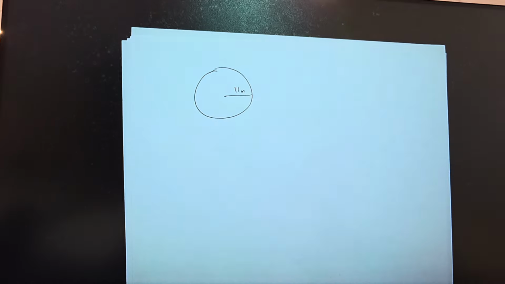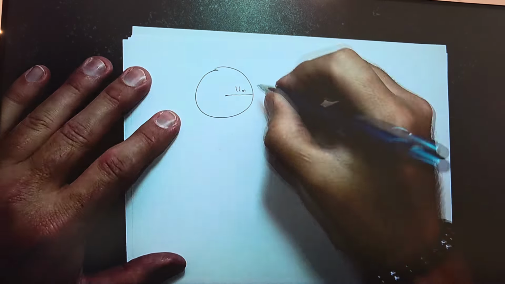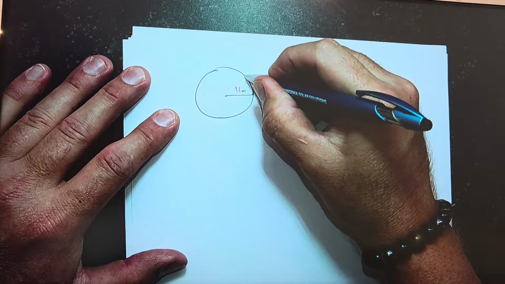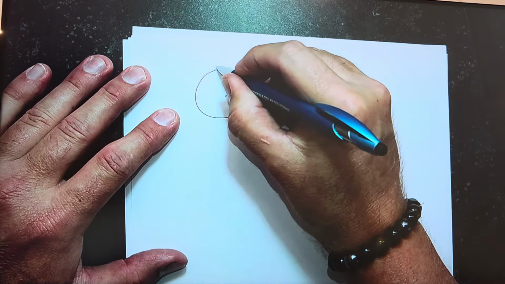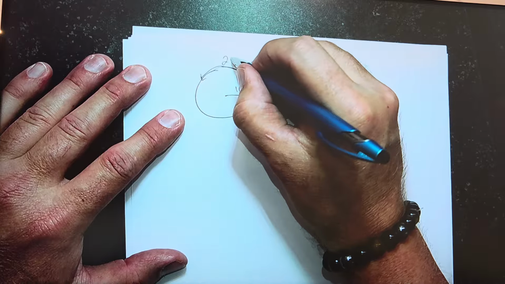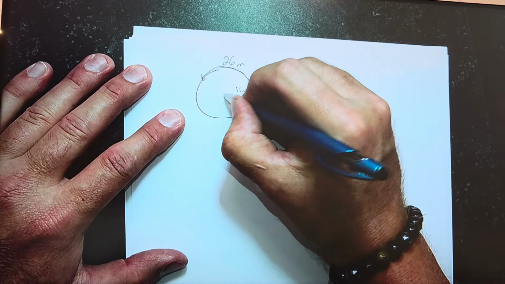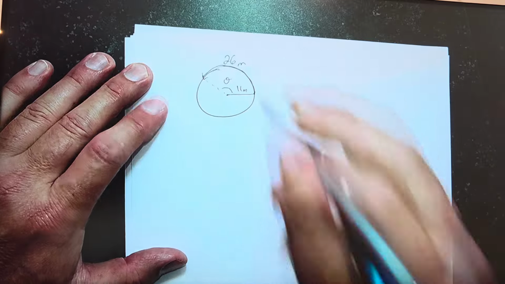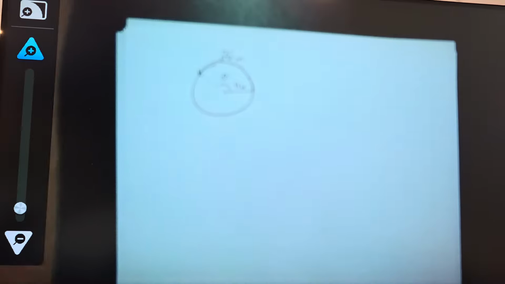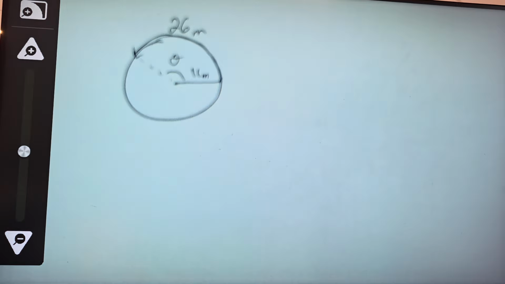And I have somebody who walks, let's say, what do you got, Jeff? 26 meters. Can anyone figure out what that angle is in radians?